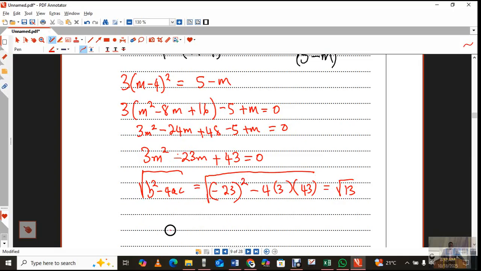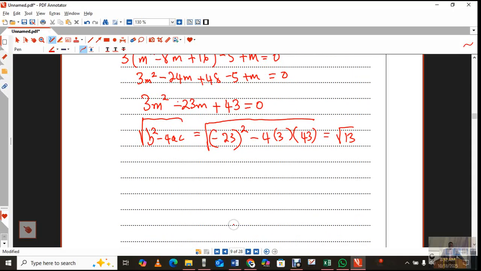Right, from the quadratic equation formula, which is given to you, in this case we're looking for m, so it is m equals minus b plus or minus, in this case I will just say my discriminant, which is what I got, over 2a.